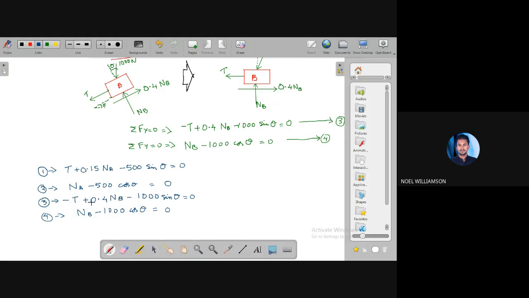So you get 4 relations and we will analyze which all are the variables. So from the first relation, the variables are T, Na and theta. Okay. For the second equation, it is Na and theta. For the third relation, it is T, NB and theta.